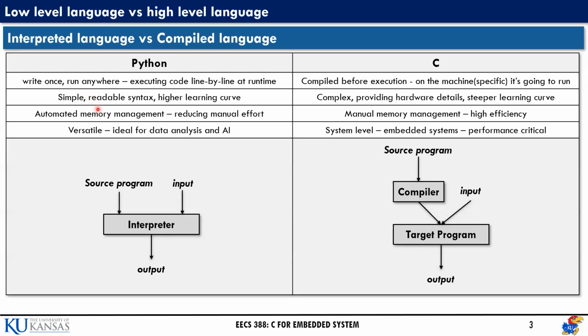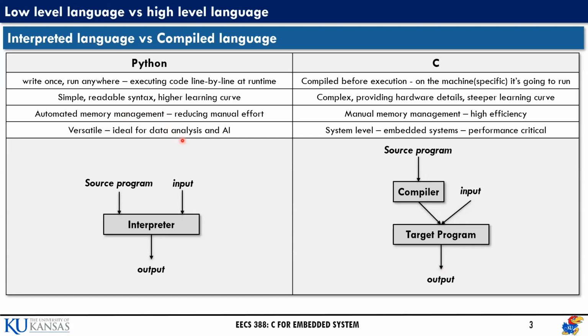Python is definitely simple, and the readability is higher compared to C. And C is a complex language, and learning C is time consuming. That's why it has a steeper learning curve. In Python, the memory management is done automatically.